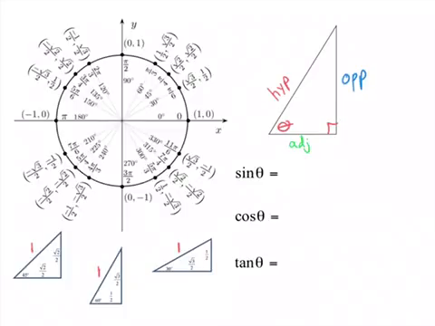So when you look at sine, if you think back, there's this thing called SOHCAHTOA. When you think of sine, sine is opposite over hypotenuse. Cosine is adjacent over hypotenuse.